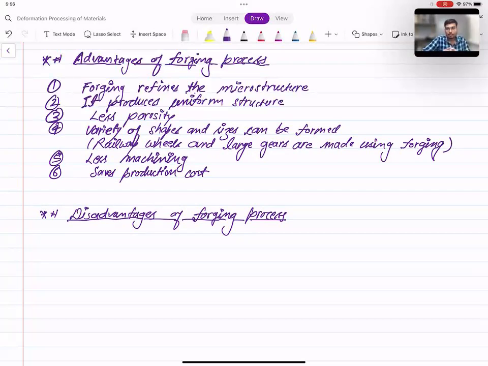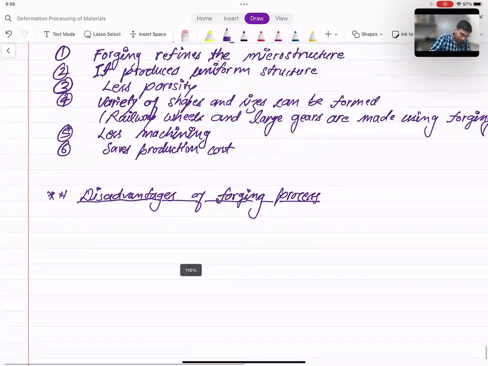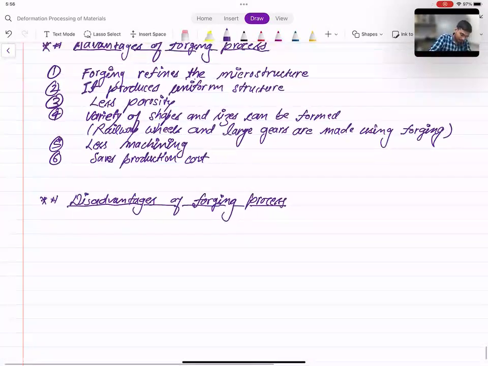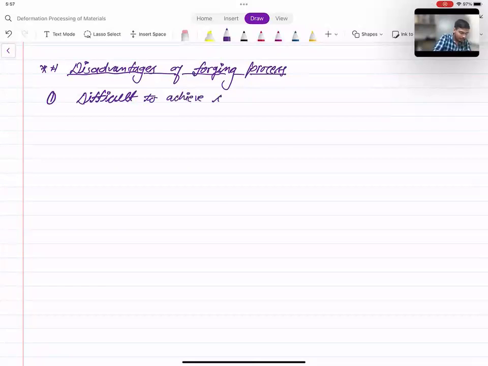It is a tedious task to maintain or to obtain the very precise dimensions. Okay, so it is difficult to achieve close dimensions.